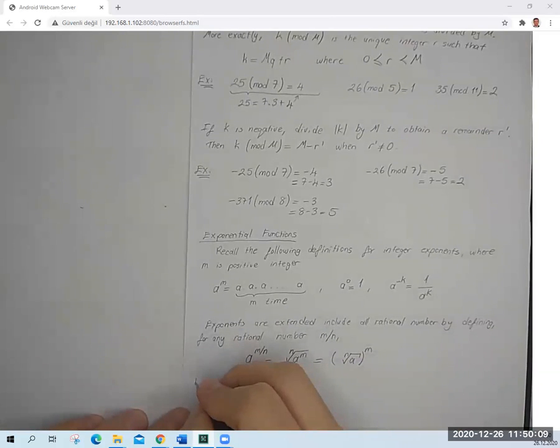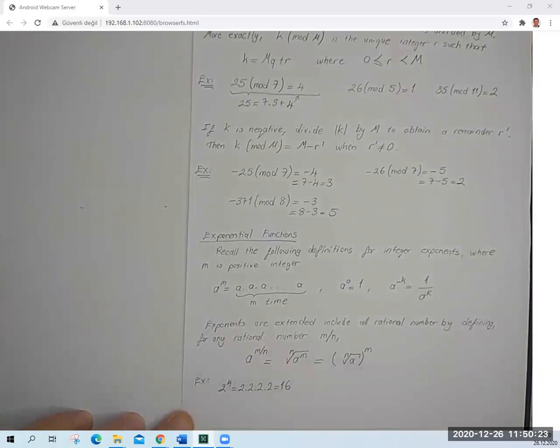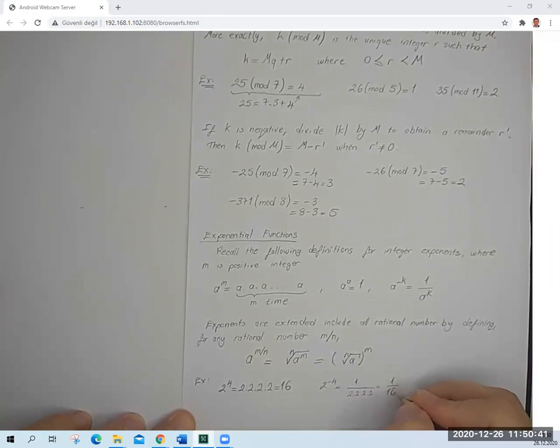An example, like 2 to the power 4 is equal to 2 times 2 times 2 times 2, which is 16. And if I am going to write 2 to the power minus 4, it is equal to 1 over 2 times 2 times 2 times 2, which is 1 over 16.